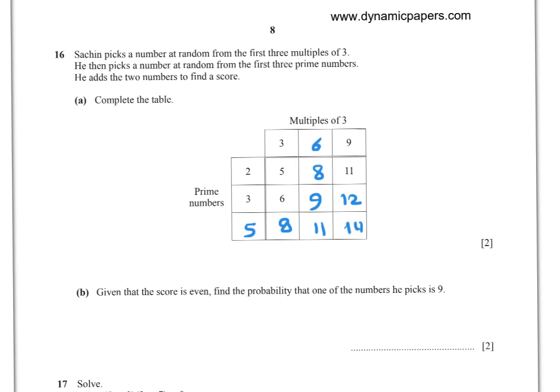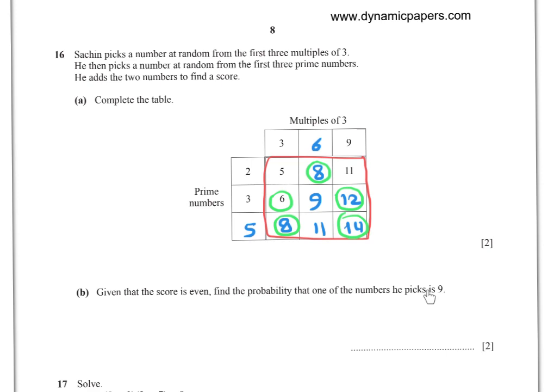After we complete the table, given that the score is even, find the probability that one of the numbers he picks is 9. How many scores in all? We have 9 scores. From those 9 scores, how many are even? 8, 12, 6, 8, 14.